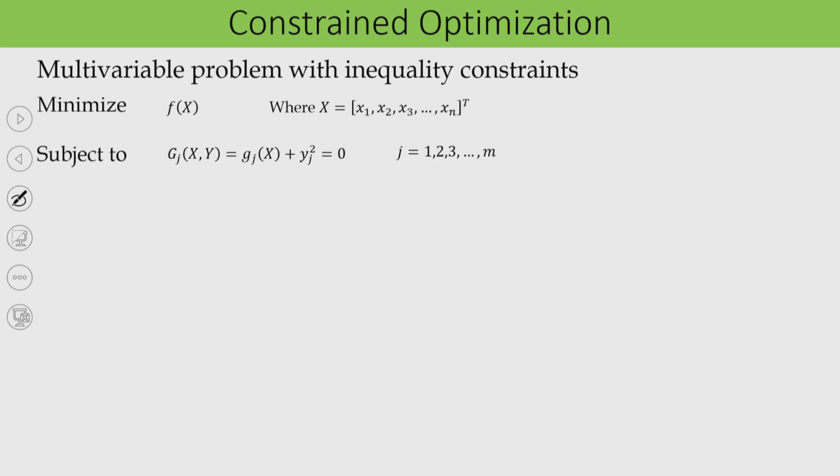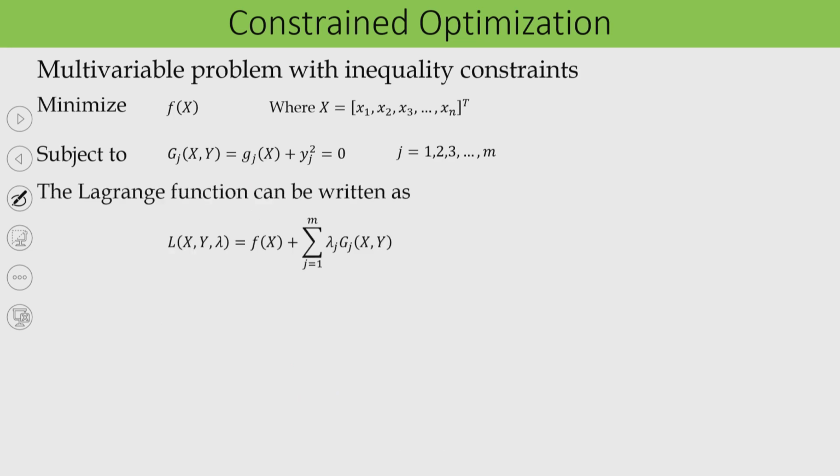So, the problem is to minimize f(x) subject to Z_j(x, y), which is a function of x and y, and this is small g(x) plus y_j square, where j is 1 to m, and we have n variables here. Now, if I write the Lagrange function, as we discussed in the last class, it can be written like this.